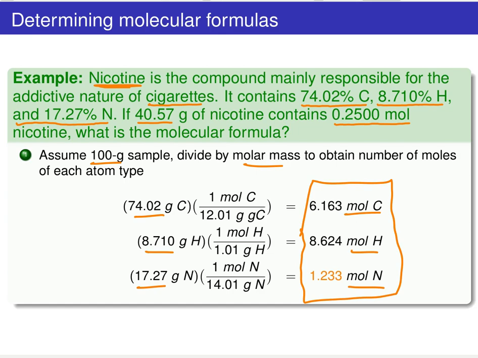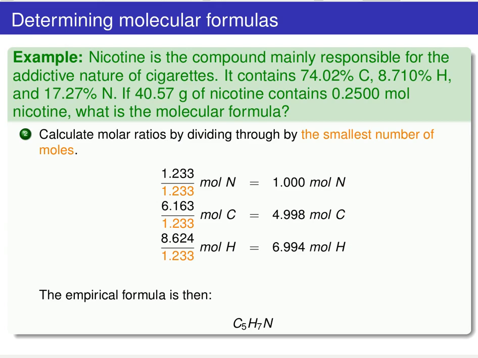But of course, we don't want to leave things in these ugly decimals. So we first, right off the bat, identify that nitrogen's going to be the smallest one. So when we set up our empirical formula, we're going to take that smallest number, the number of moles of nitrogen in this case, 1.233, and divide all of these quantities by that number of moles of nitrogen.